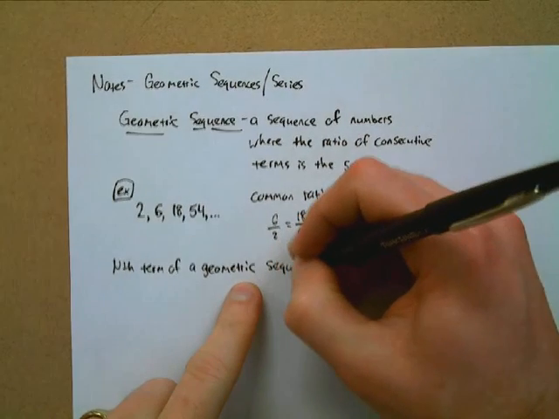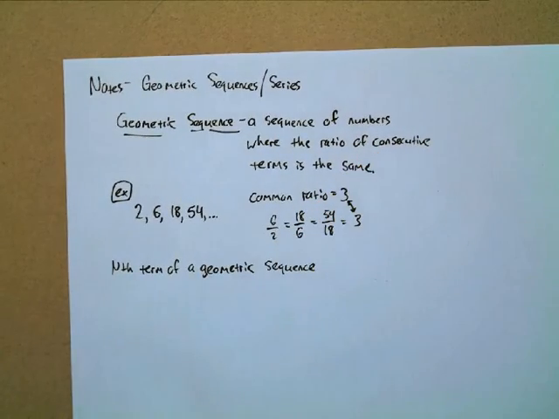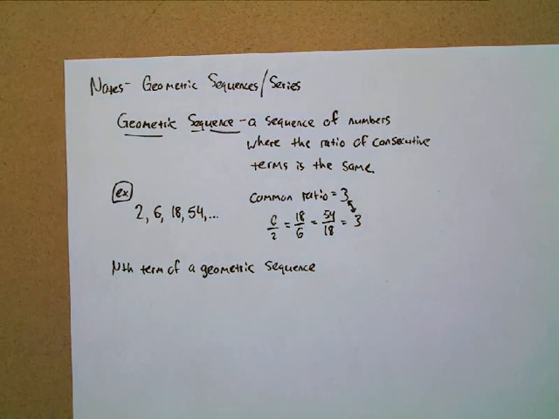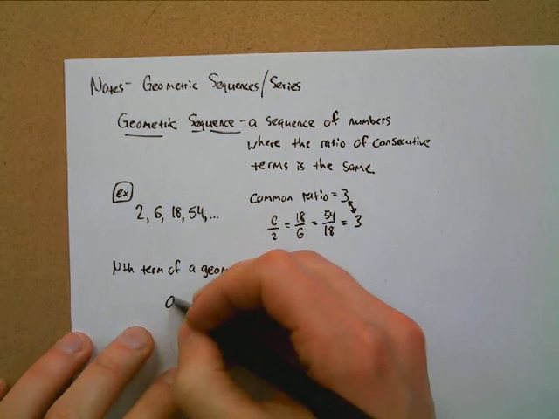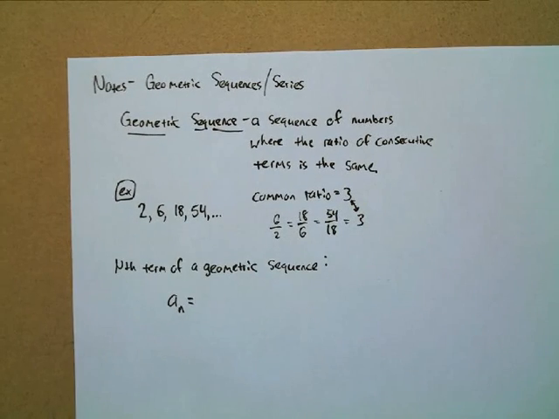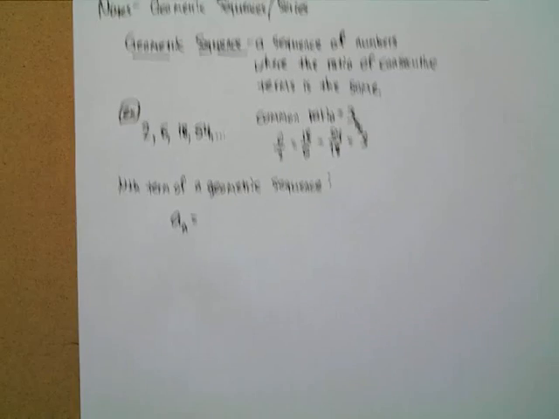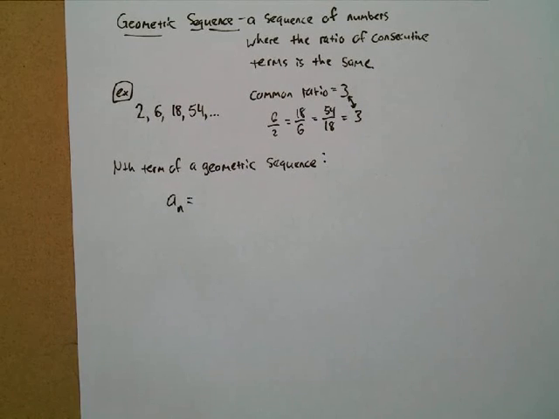So we're going to try and find that a sub n, the nth term of the geometric sequence. Notice there's no difference, a sub n is still used to describe the nth term. A does not stand for arithmetic, or G for geometric, no, we use a sub n in both cases. So don't get that confused either.